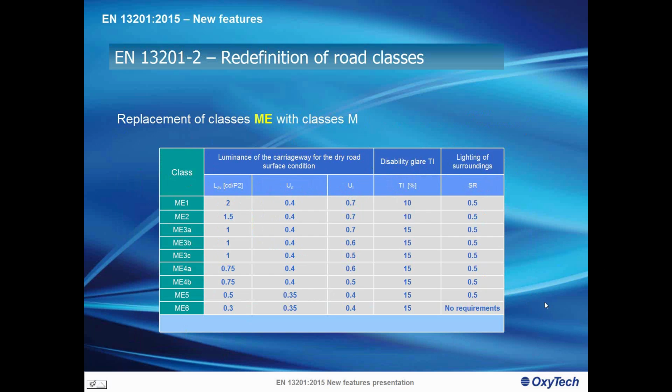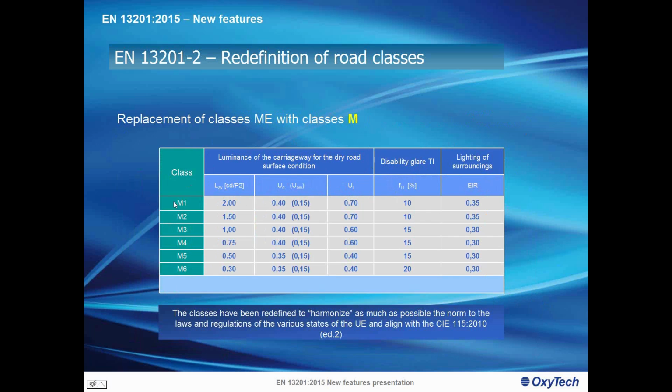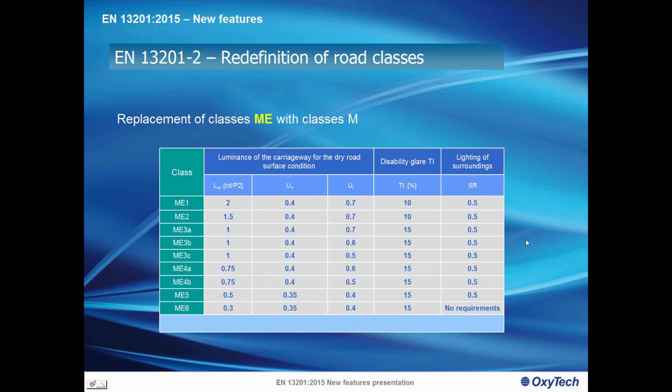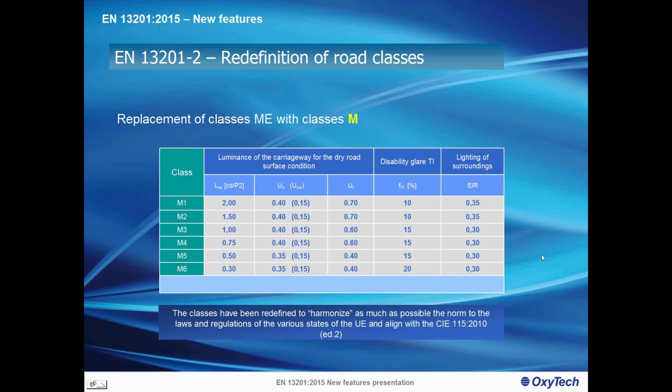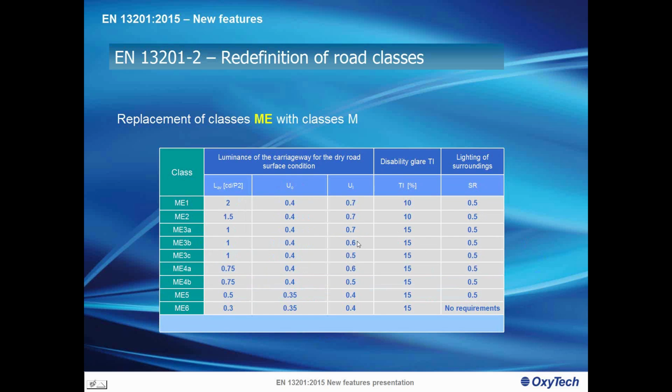With the new standard, the ME classes, as we said, are now called M1, M2, up to M6, and there is another big difference because the three ME3 classes, which were split into A, B, and C, are now put together into a single M3 class, where the only difference, as we can see here, was the longitudinal uniformity, which is now kept only at 0.6, which is the value in the middle.